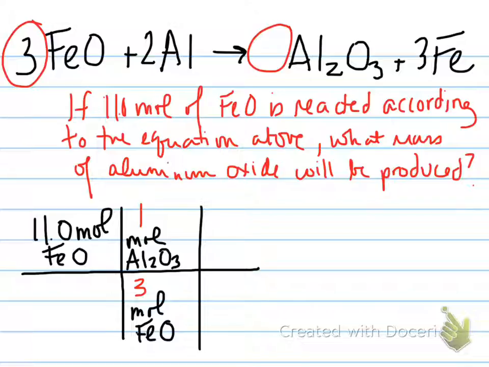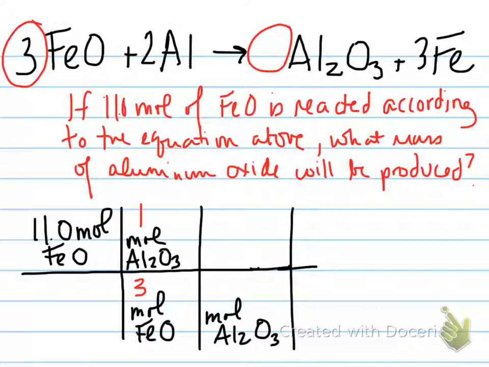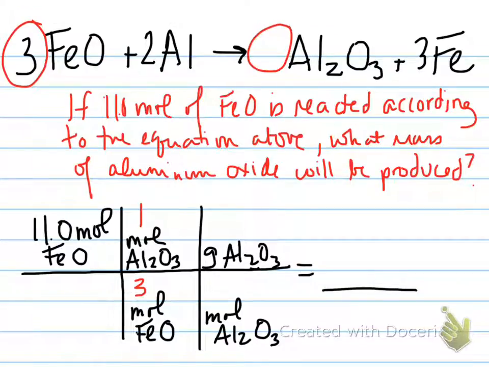What units and chemical will go in the next space on the bottom? Yep, because it's got to cancel. Moles of Al2O3. What units and chemical will go in the top? Grams of aluminum oxide. Now we just have one problem. Where do we get our numbers here?